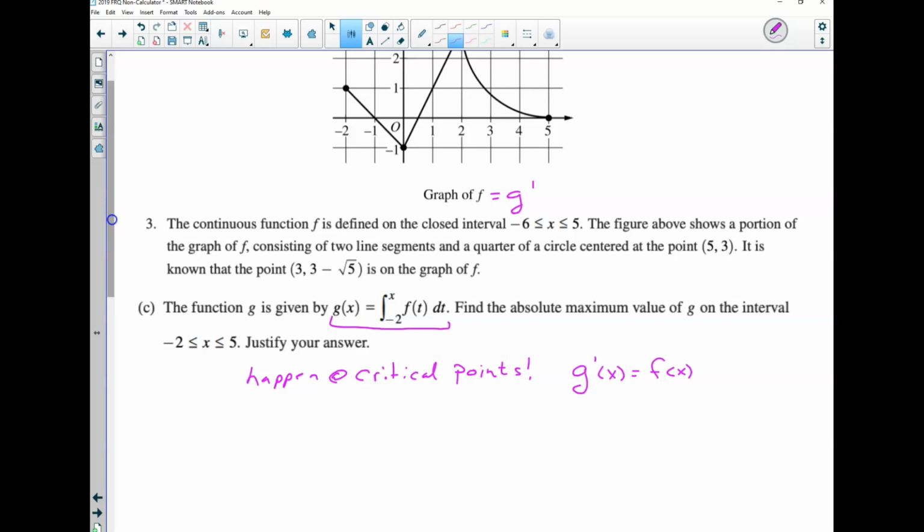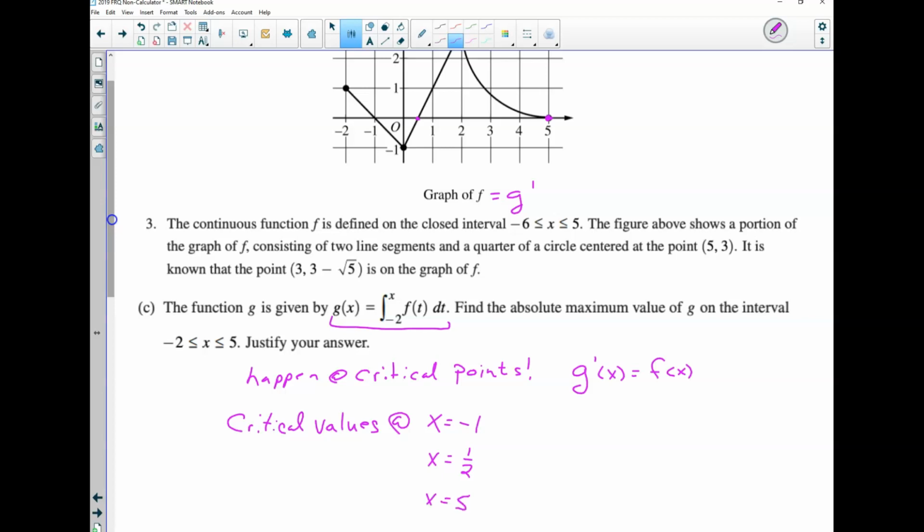Therefore, I have critical values or points at x equals negative 1. And I'm going to have one right there. We know what that point is because we can find it from the slope. That's going to be x equals a half. X equals 1/2. And I also have, well, that's an endpoint. I got x equals 5.